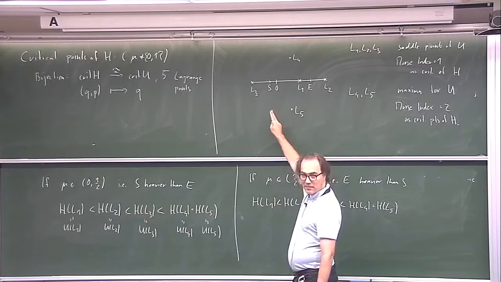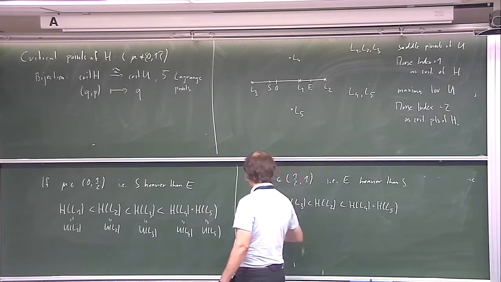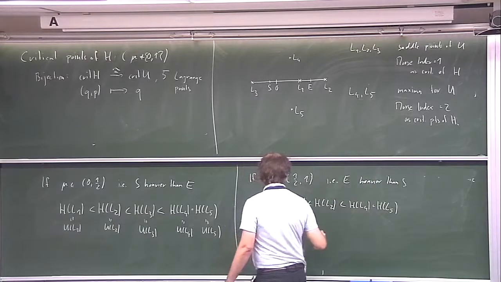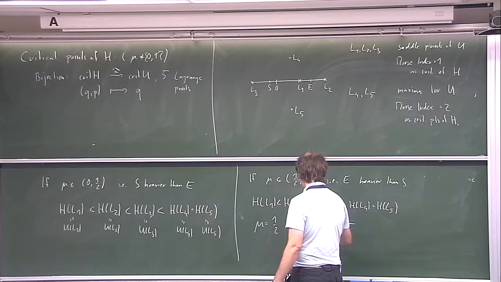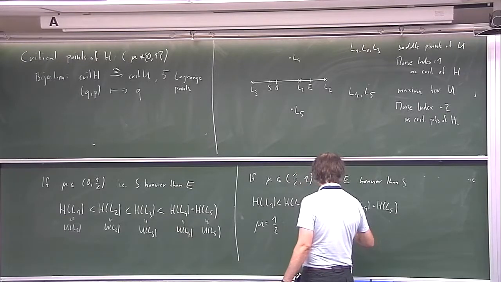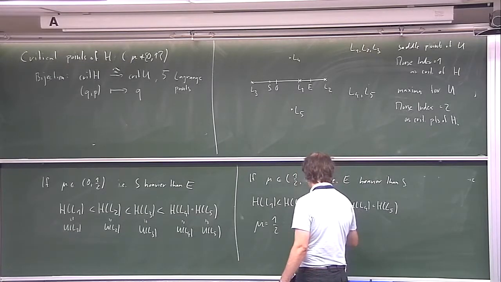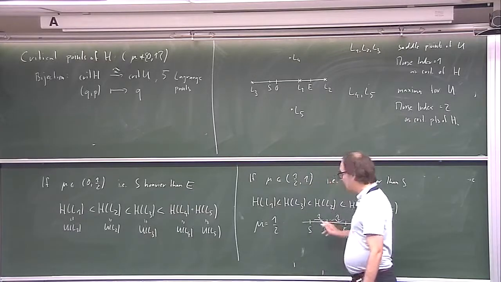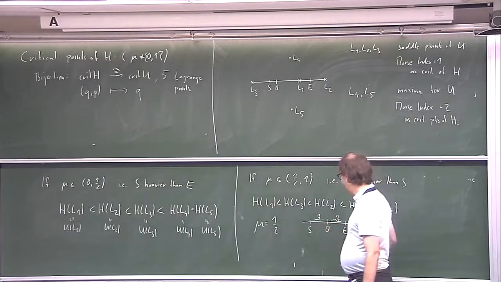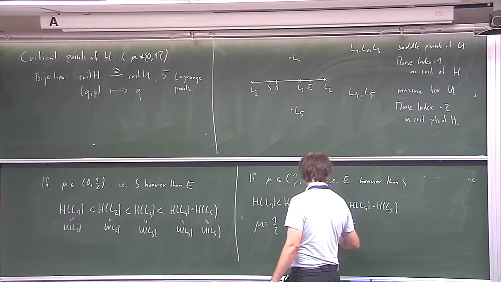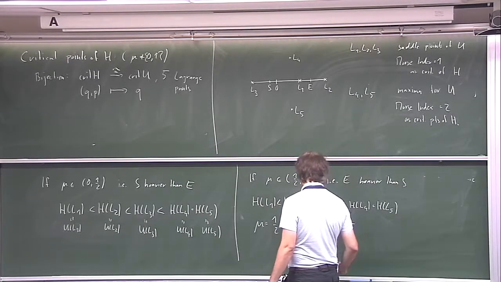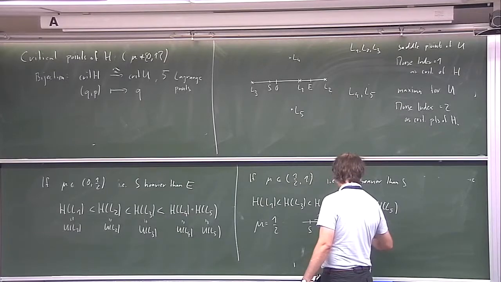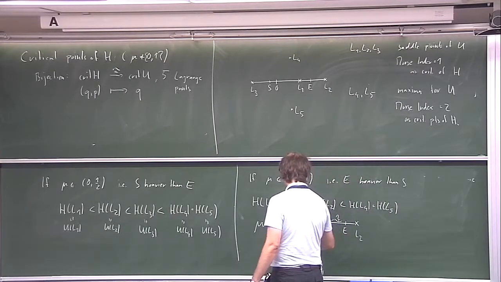And if mu is 1/2, then everything is symmetric. The Sun and the Earth are both symmetric around 0, and L1 is actually at the origin, and then L2 and L3.